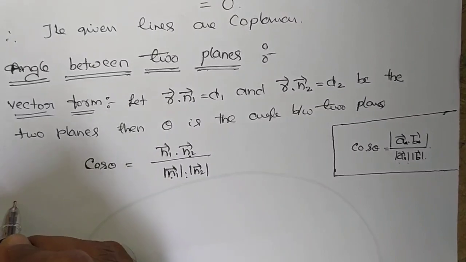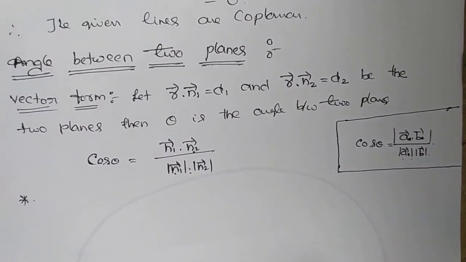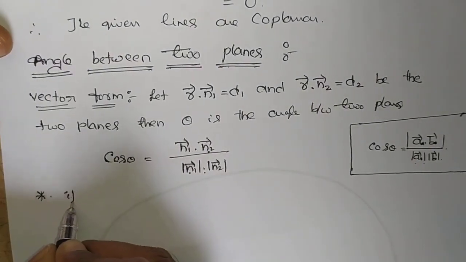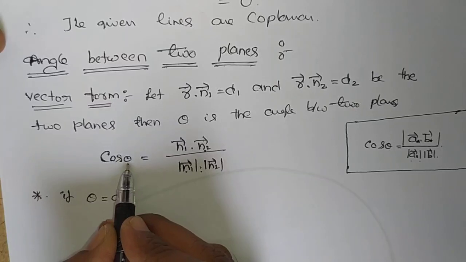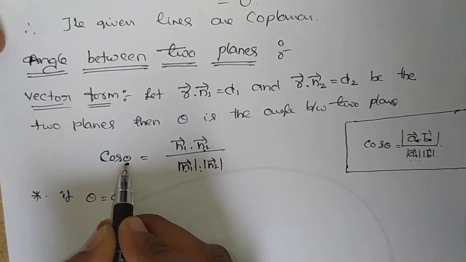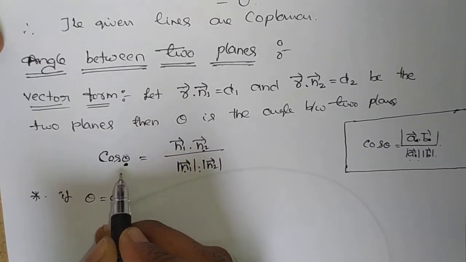Here also we have some note points. Suppose theta equals 90 degrees. If we put 90 degrees in place of theta, what will we get?